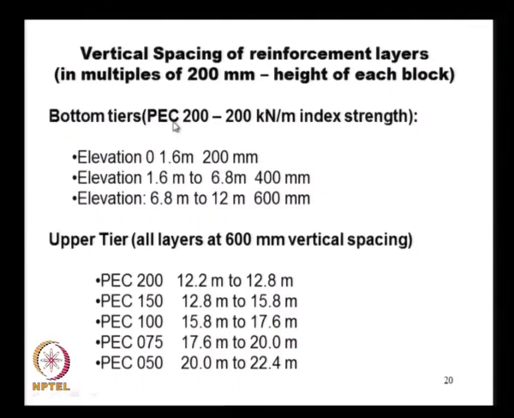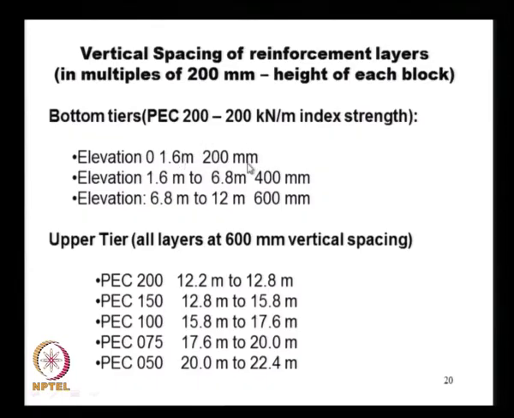The bottom tier was provided with a geocomposite having an index tensile strength of 200 kilonewtons per meter, that is the index strength that we determine from short term tensile strength or quick loading test. The spacing, sorry, it should be 0.2 meters up to 1.6 meter elevation.